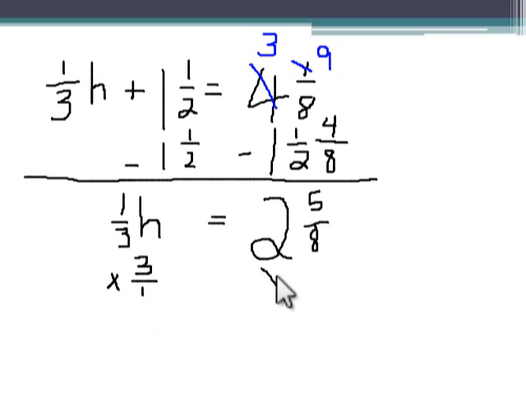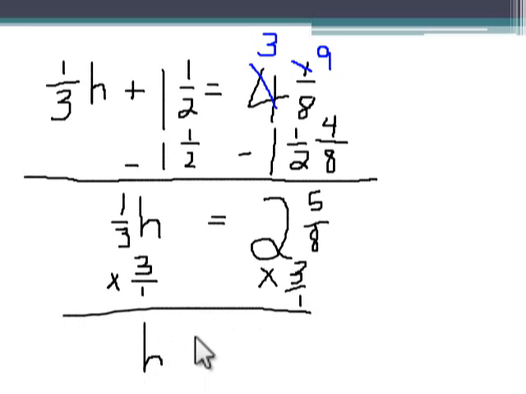And times 3/1. Now remember, most people like to see it horizontally when we multiply. All we're going to have left here is h. So, what do we have to do when we multiply a mixed number? That's right, we need to make it improper. So 8 times 2, 16, plus 5 is 21. 21/8.